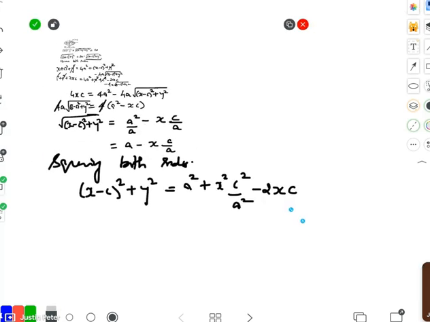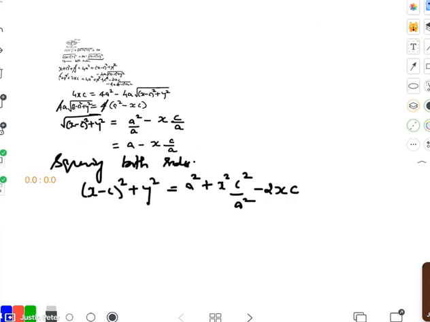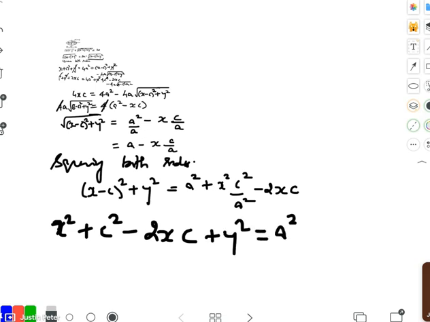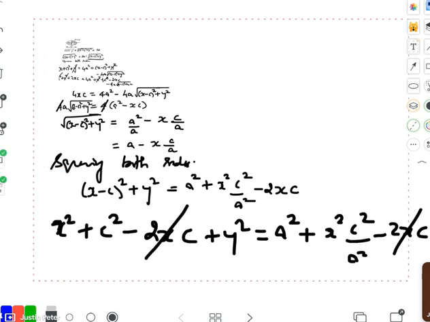Is this clear till this place? You cancel both of them. So bring x square to the other side.